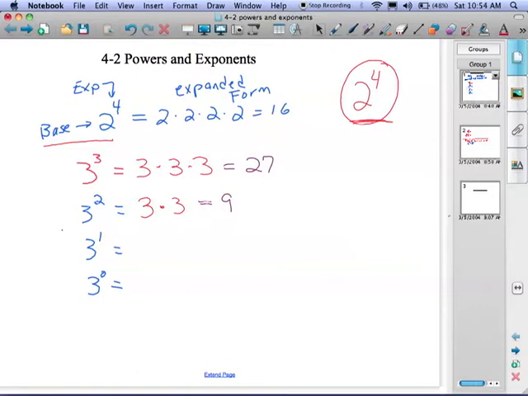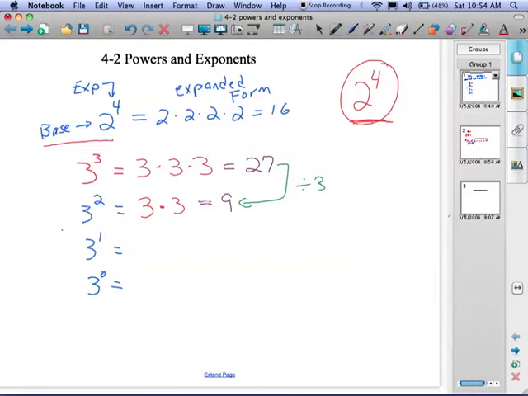Now, looking at patterns, which is going to help us get the next two answers, the next two expanded forms written. We notice that 3 to the 3rd power is 3 times 3 times 3, which is 27. 3 to the 2nd power, which is 3 times 3, is 9. You should know that the relationship between the answers 9 and 27, to get from 27 to 9, moving down one level, you are actually dividing by 3.